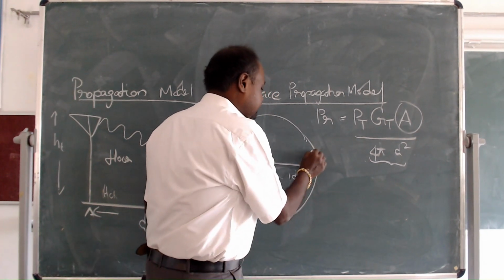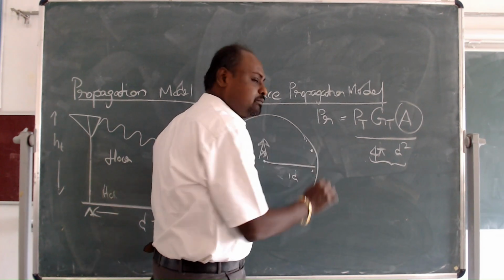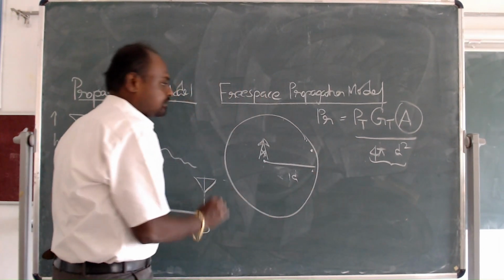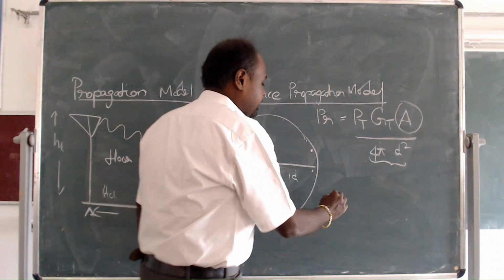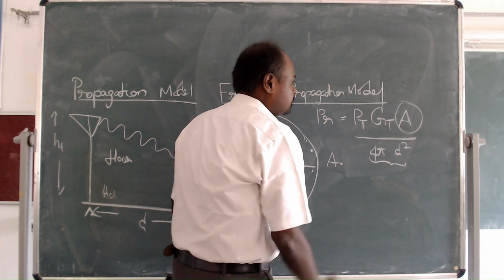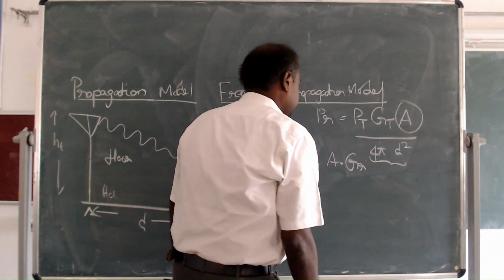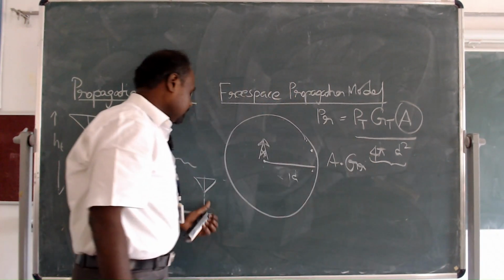So A here is not an area. A means that the particular object, that receiver, is called A. So now how can we derive A? A equals GR. Here A is the point where the receiver is.